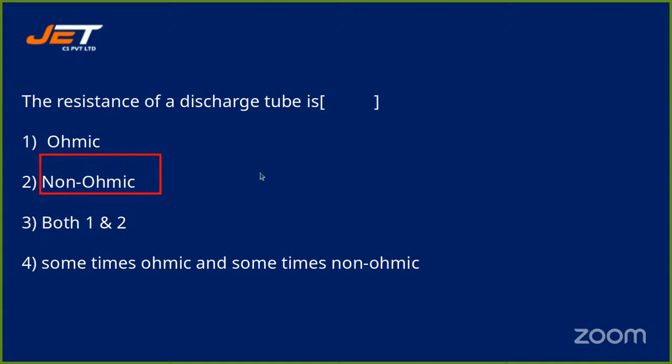What do you mean by ohmic and non-ohmic? Non-ohmic is nothing but it varies with applied voltage and current. The resistance will be differing. You don't have constant resistance. That is the meaning of ohmic and non-ohmic.